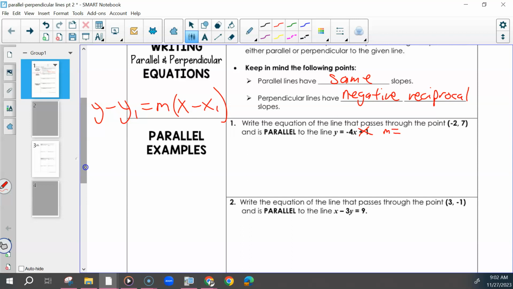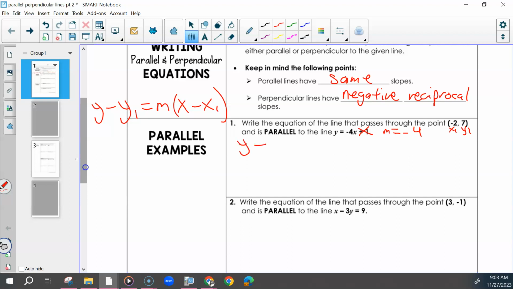It's parallel to this one. You know, parallel lines have the same slope. What's the slope of this one? Just -4. So the slope of our new equation will be the same, -4. So this would be our m. We have our x1, y1, and then we can put those in this equation.